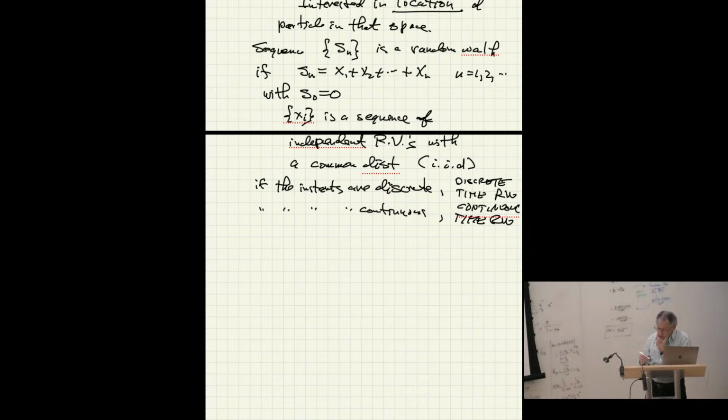The intervals between jumps, between steps, between transitions, is arbitrary. By that I mean the distribution of time.